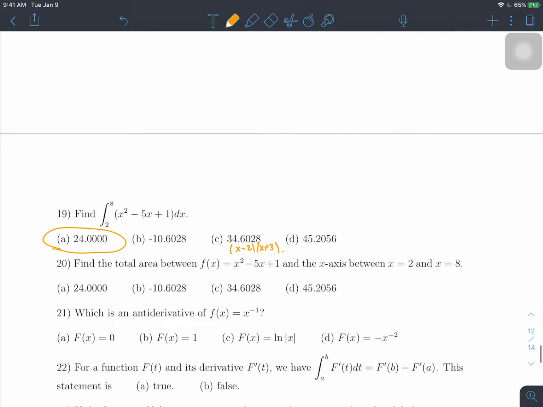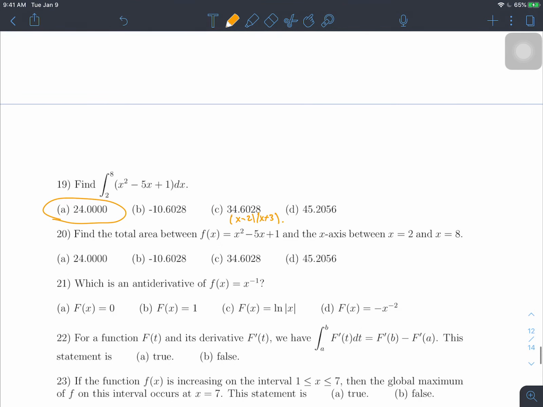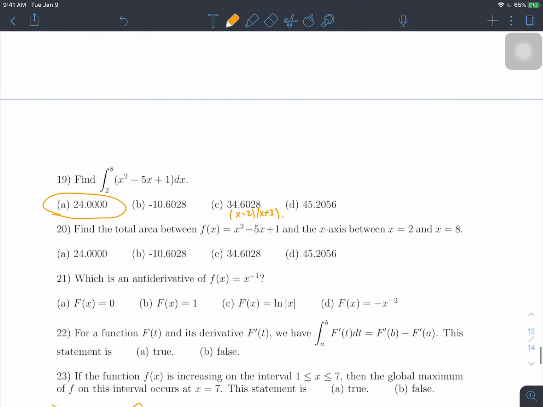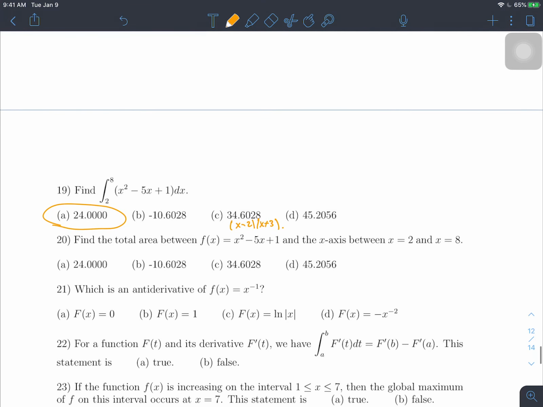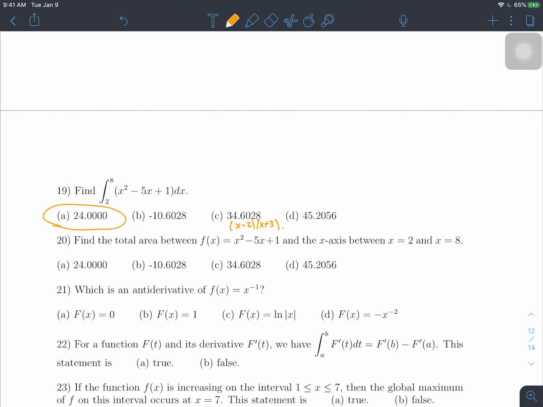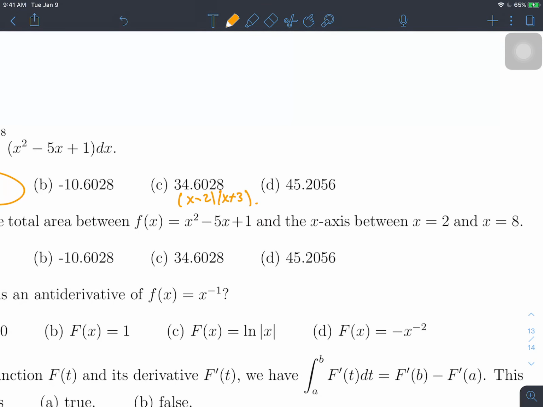Yeah, so x minus 2 and x plus 3, so it looks like a parabola with roots at negative 2, no, positive 2, and negative 3. Hang on, something's not right here. What am I doing? Plus 1 is not correct.